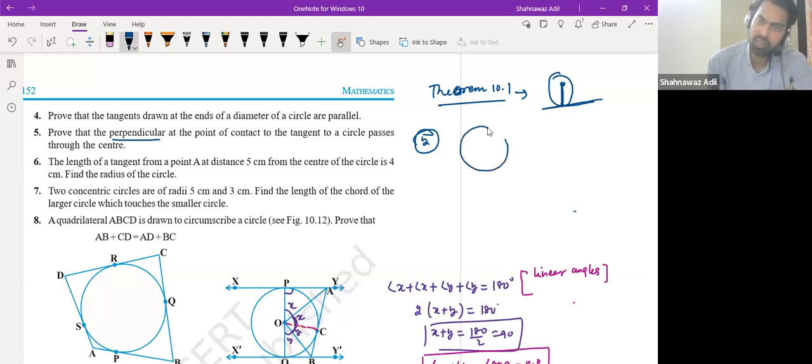So she was telling that we should extend this perpendicular downwards, like this one. And we should prove that the tangent is already perpendicular to the radius, and that the other side is also perpendicular. Other side, which means this one is also 90.